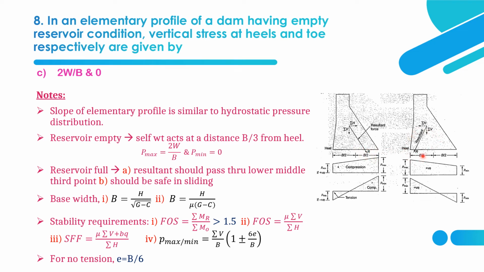In case of empty condition, the resultant will pass nearer to the heel. If the resultant is away from the dam body, then the dam may fail because of P minimum. So P minimum shall not be there. If at all there is a P minimum, that value shall be very less. So that is the main criteria regarding the stability of gravity dams.